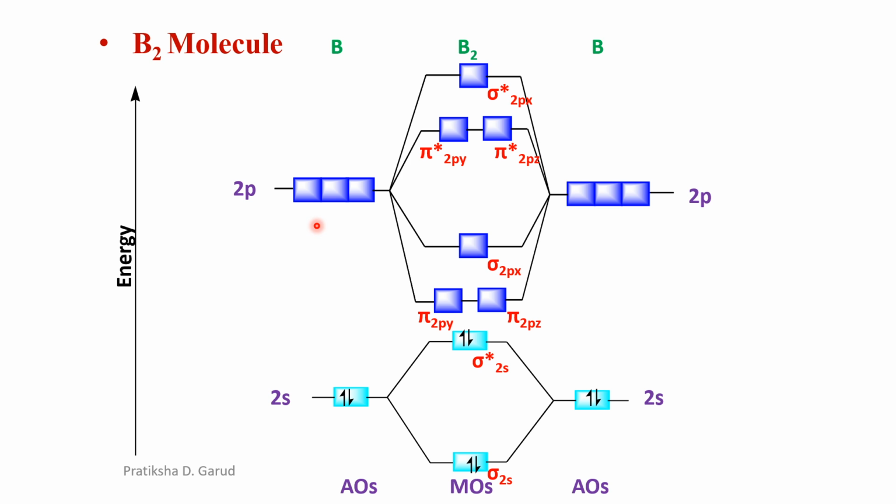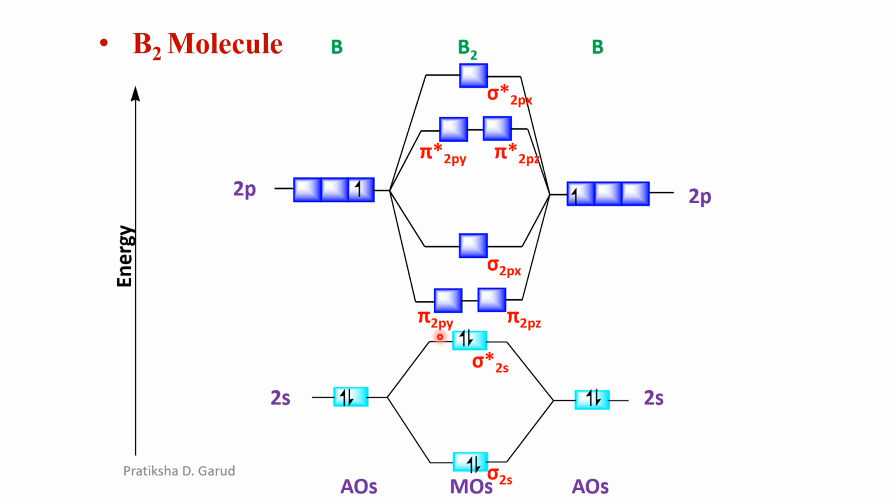Now in case of the 2p, for the first boron atom, how many electrons are there? So this is the first electron of the first boron and the first electron of the second boron. Now that means there are total 2 electrons. We have to fill these 2 electrons in the lowest, that means the bonding, which are pi 2py and pi 2pz.